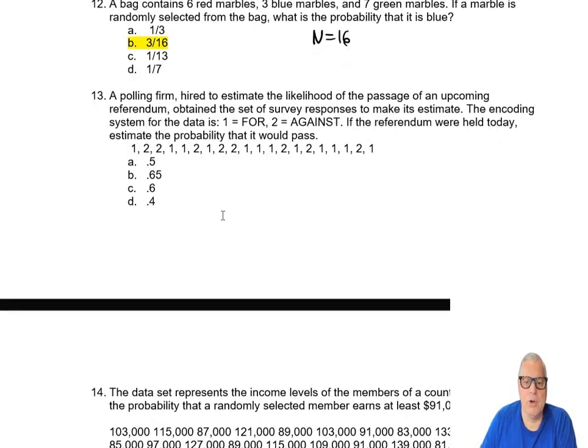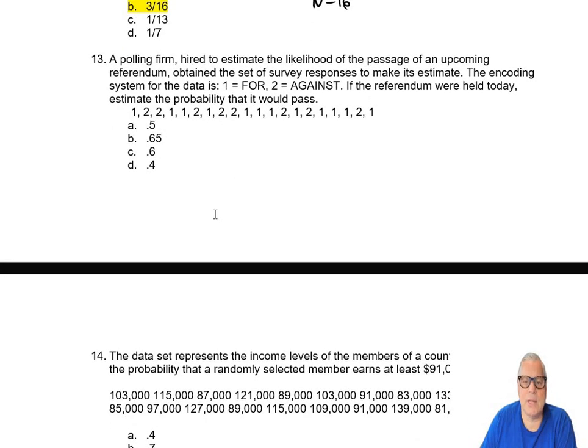A polling firm is hired to estimate the likelihood of the passage of an upcoming referendum. It obtained the set of survey responses to make its estimate. The encoding system for the data is 1 for, 2 against. If the referendum were held today, okay, so this is the empirical approach, obviously.